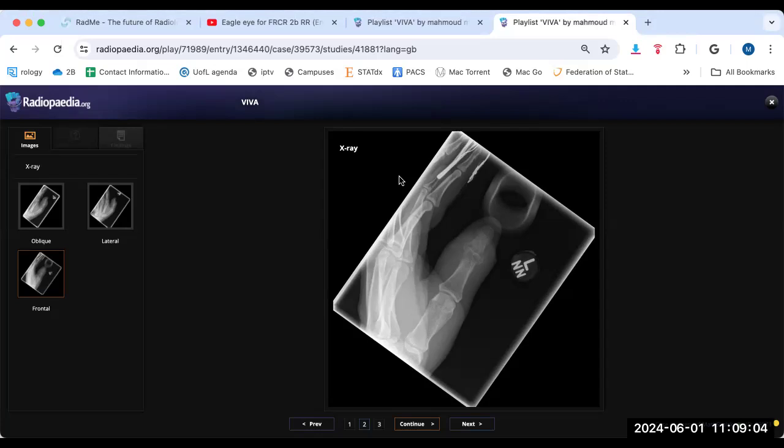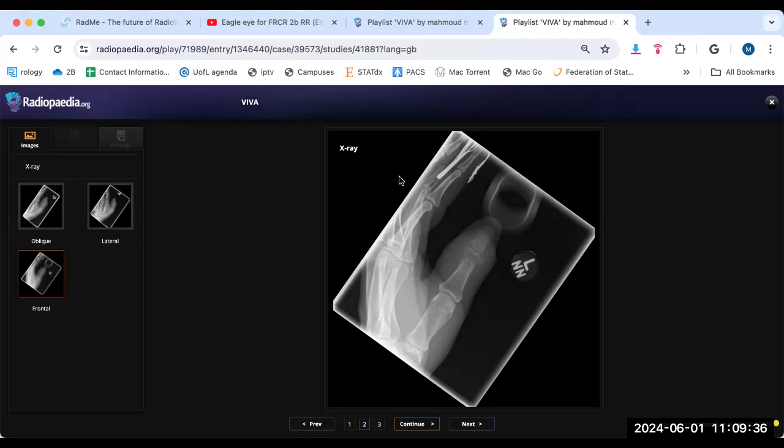Let me try to start again. So this is a frontal thumb radiograph. I can see that the problem is in the interphalangeal region, where there are subchondral lucencies and subchondral periosteal bony proliferation. I can see that there is also evidence of soft tissue swelling.